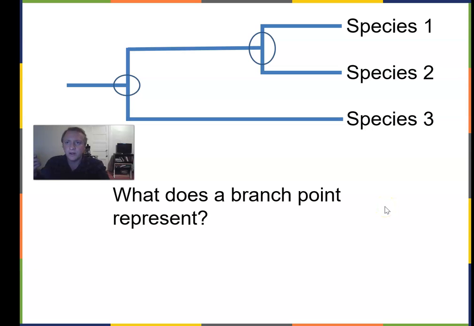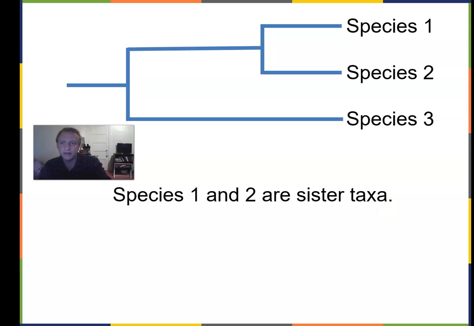And so the other thing I want to talk about is that species 1 and 2 are referred to as sister taxa. They're very close to one another. They are sisters. This is at least the second time we've seen the term sister used in biology. I'm not sure why they're sisters and not brothers or neighbors or whatever, but species 1 and 2 are sister taxa because they're super closely related to one another.